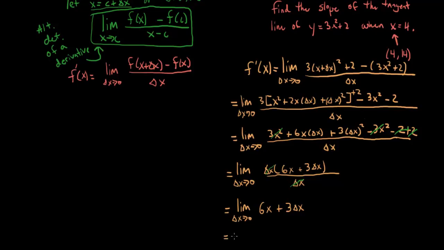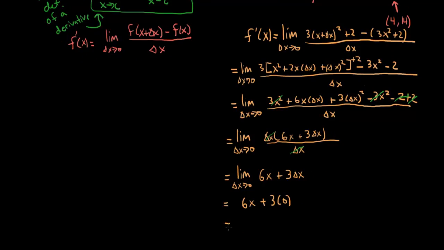And we can say this equals, by direct substitution, 6x plus 3 times 0, which equals 6x. Now notice, I did not directly substitute for x. I directly substituted for delta x, because we're taking the limit as delta x approaches 0, not x approaches 0.